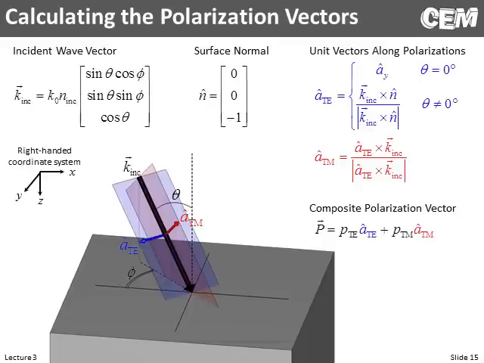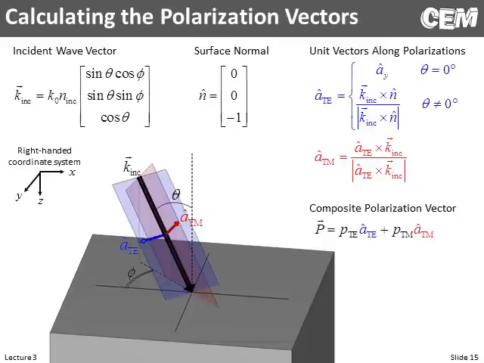In other words, we can't use that bottom equation for normal incidence because it's going to be 0 divided by 0, and your computer will melt. So for normal incidence, you can pick x or y to be your TE polarization. And since there is no angle of incidence, TE and TM end up behaving the same. They're really the same thing, so you're free to pick either one.